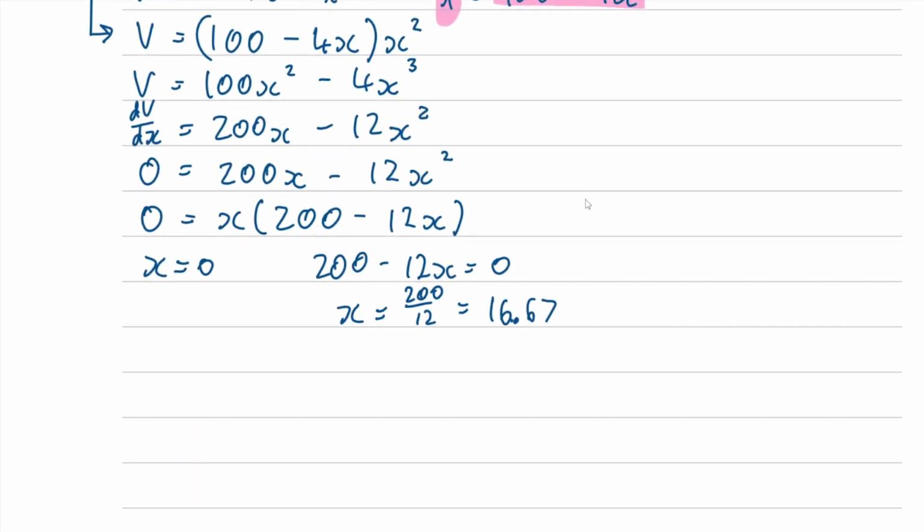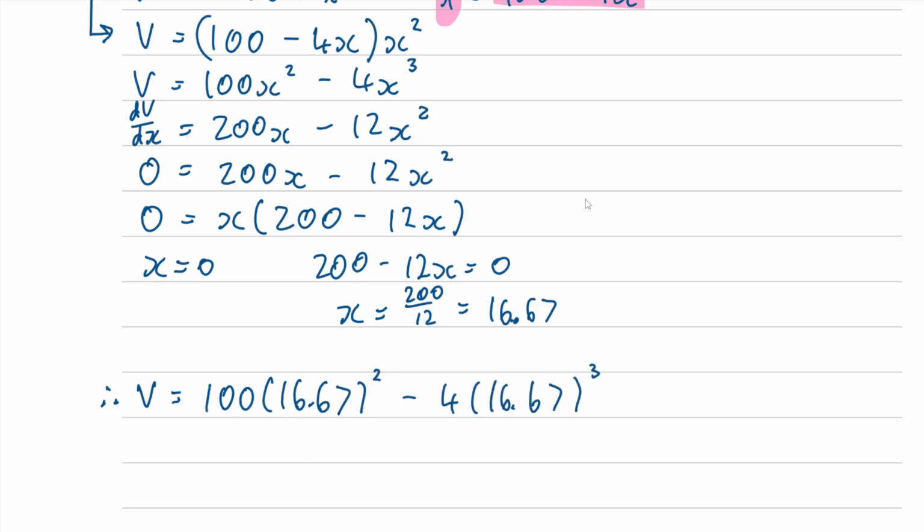So therefore volume, we use our volume equation. And in for x, we'll go 16.67. And when we compute that, we get 9,259 centimeters cubed.